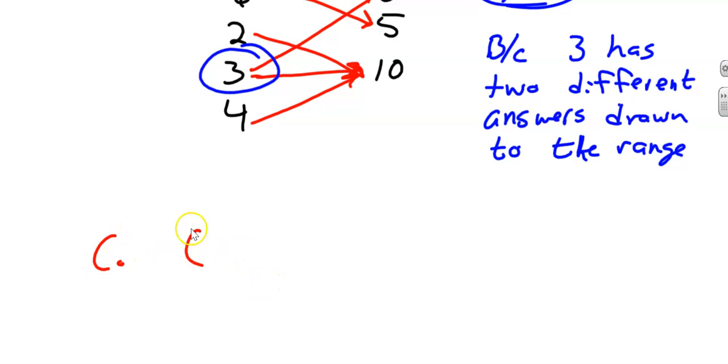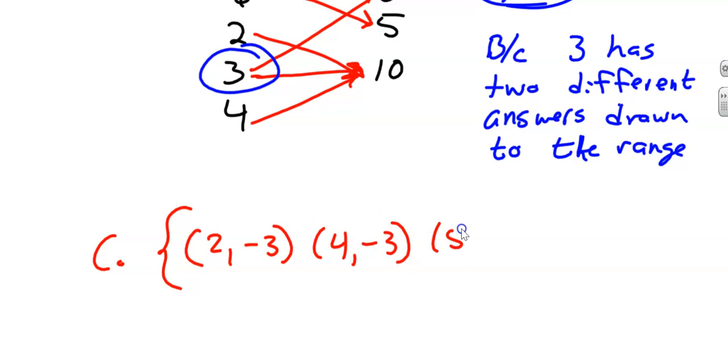Let's do this. Let's get 2, so you've got just a big ordered pair here. Okay, so maybe it's 2, -3, 4, -3, 5, -3, 6, -3.